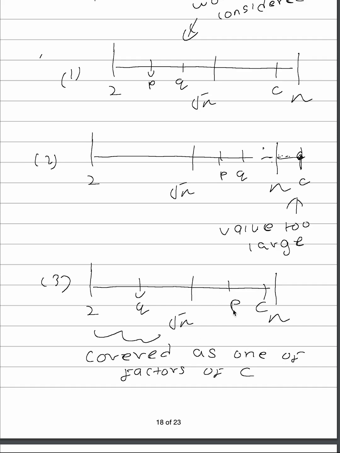So that tells us that p must be a prime number. In this way, we can show that there cannot be composite numbers after the square root of n if you have been running the algorithm of the sieve of Eratosthenes.